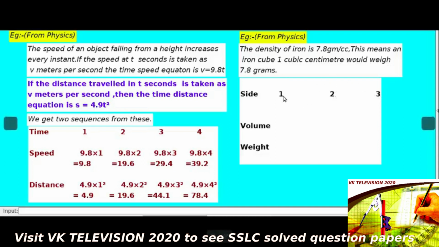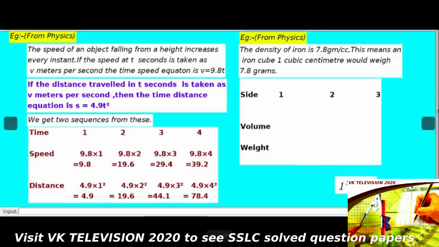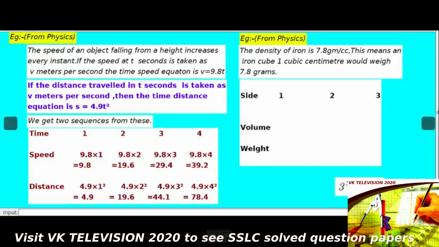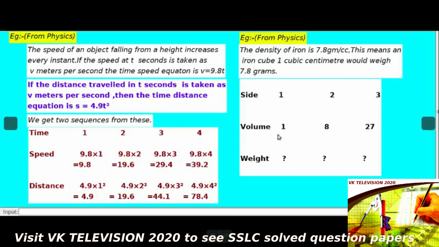When the side length is 1 centimeter, the volume is 1 cube, which is 1. When the side length is 2, the volume is 2 cube, which is 8. When the side length is 3 centimeter, the volume is 3 cube, which is 27. We write the volume of each of the cubes.